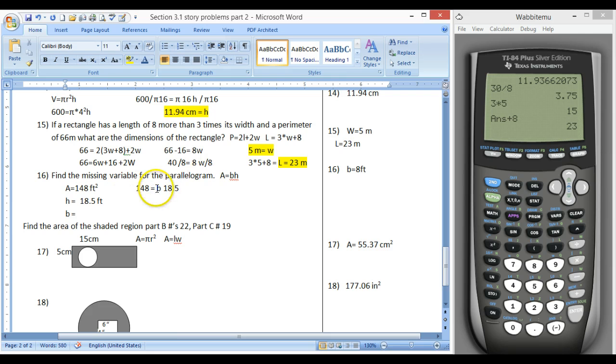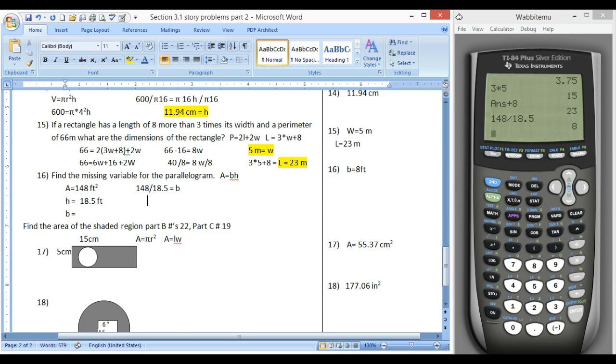And to find the base here, there's a multiplication sign, so the opposite is to divide both sides by 18.5, keeping it balanced. On the right hand side, 18.5 divided by 18.5 cancels. On the left side, 148 divided by 18.5 gives me 8.